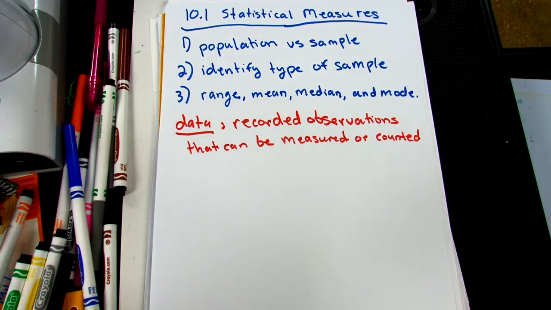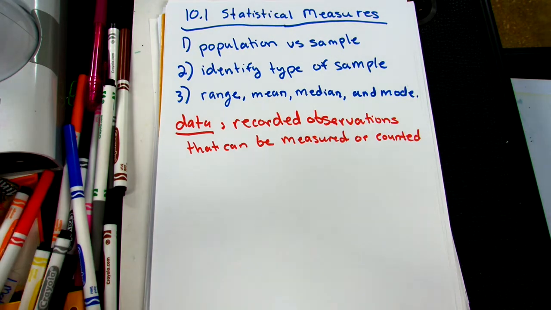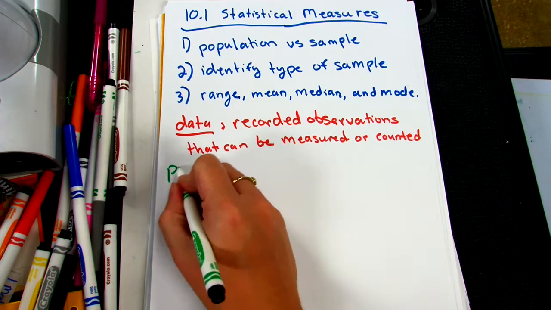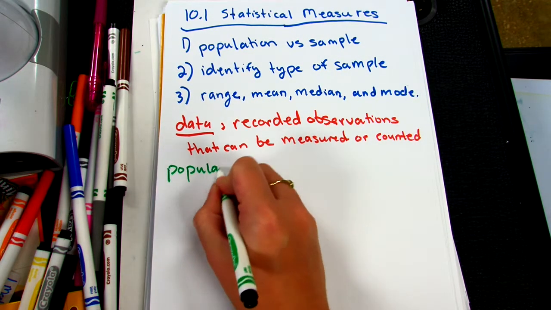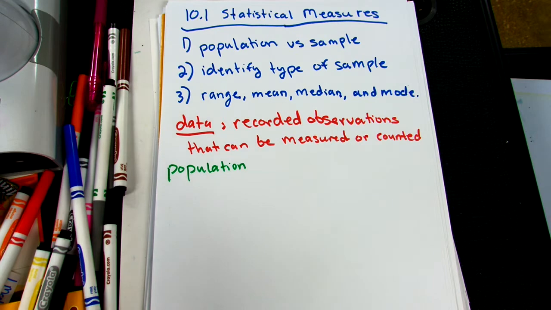All right, so let's take a look at population and sample so we can see what those are, and that way we can figure out how to tell the difference between a population and a sample. So a population is an entire set of objects that share similar characteristics, such as humans, automobiles, measurements, and so this is from which data can be collected and analyzed.